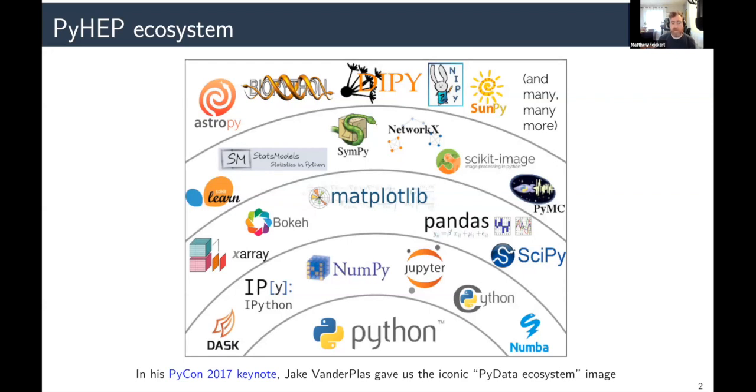In his 2017 PyCon keynote, Jake Vanderplas included this now iconic PyData ecosystem image that showed multiple different tiers of the scientific or PyData ecosystem, where you have the Python Software Foundation at the bottom, and as you go out to subsequent tiers, you're essentially building on top of that to make different stacks, where the further out stacks are building on the ones below them.